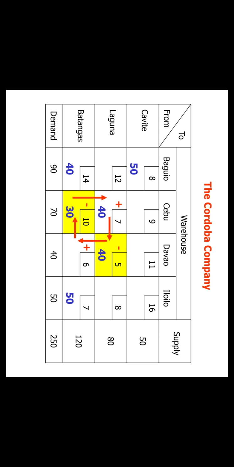For the used cell with a cost of 7, that would be 40 plus 30. Therefore, that cell would now contain 70 in the next tableau. And for the used cell with a cost of 10, it contains the value 30, which is what we have been adding and subtracting. Therefore, in the next tableau, that cell would become blank in order for us to maintain the m plus n minus 1 rule requirement.